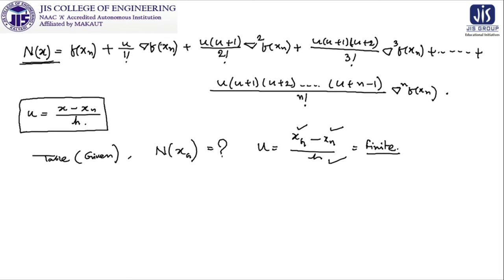The backward difference operator operated once, twice on f(x_n), every value is known to us, u is also known in finite form, so we will ultimately get a finite value. But I just want to emphasize the second part of this problem, that is, what about the interpolating polynomial.